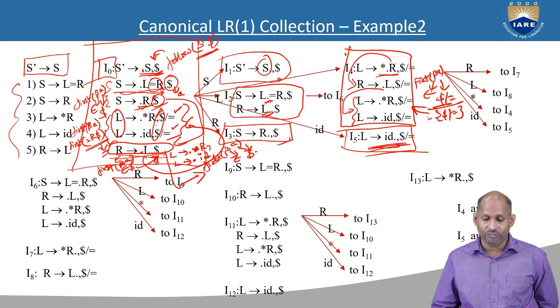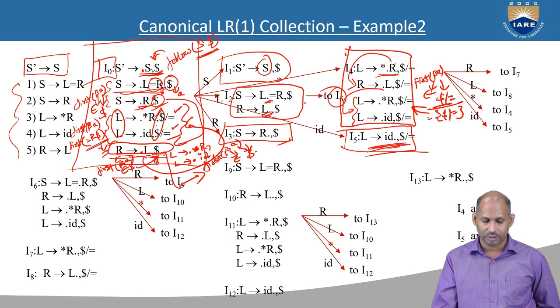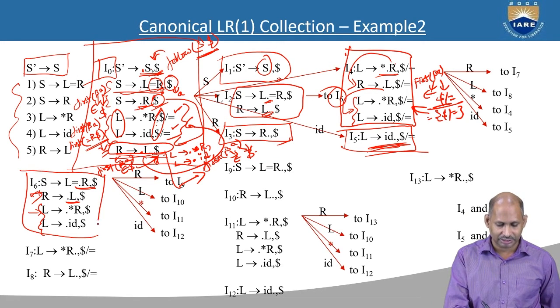I2 has dot followed by assignment, dot followed at the end. So there will be only one assignment that goes to I6. Here it is I6. Dot R, so add R productions. Dot L, so add L productions. So I6 is complete.